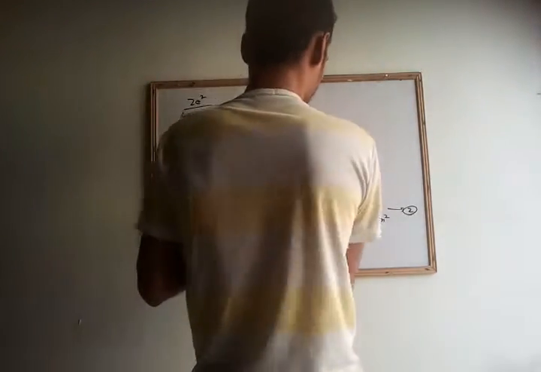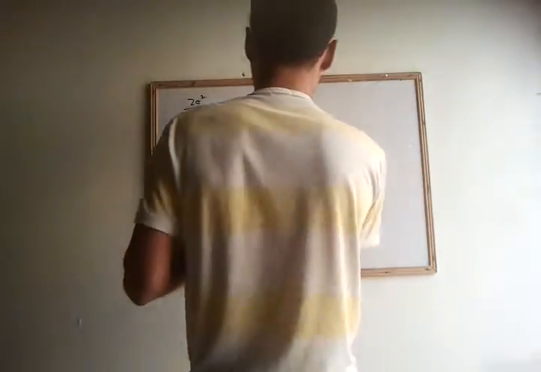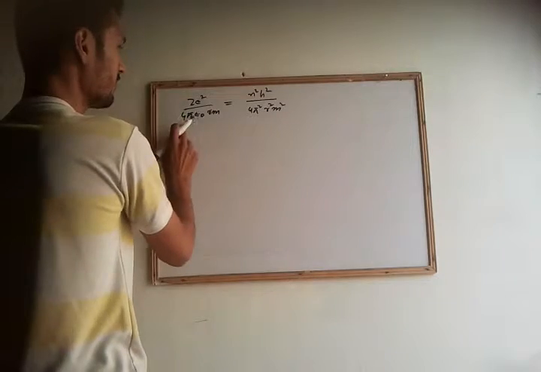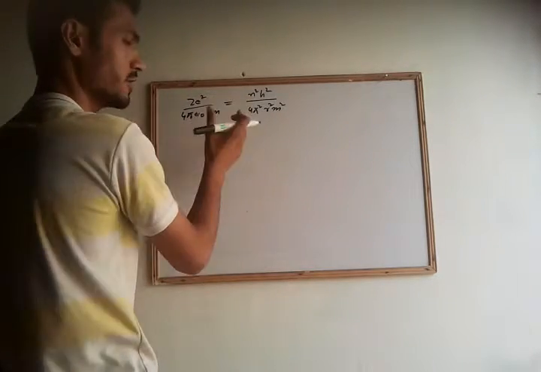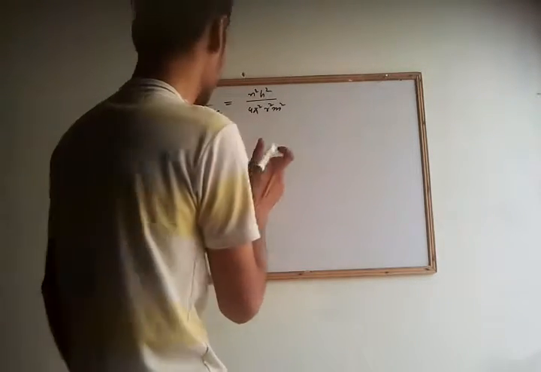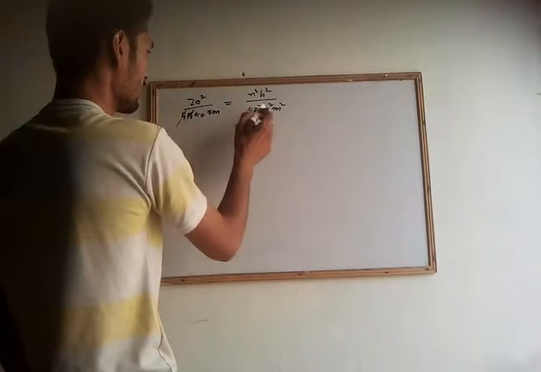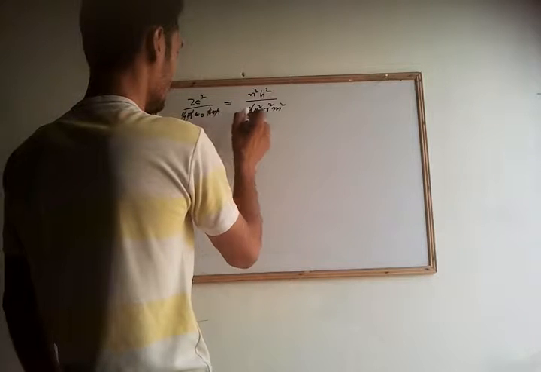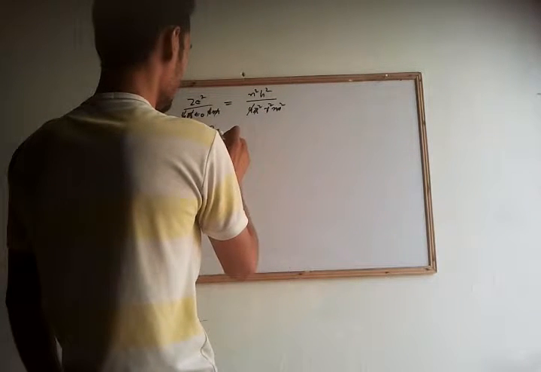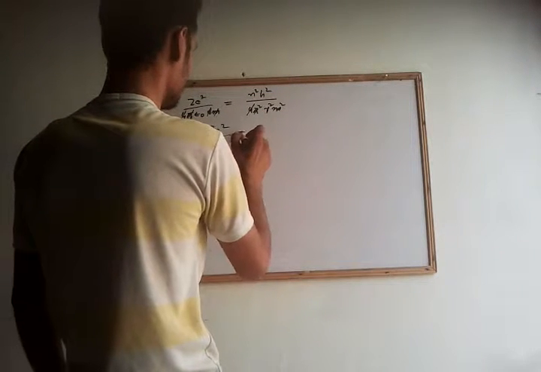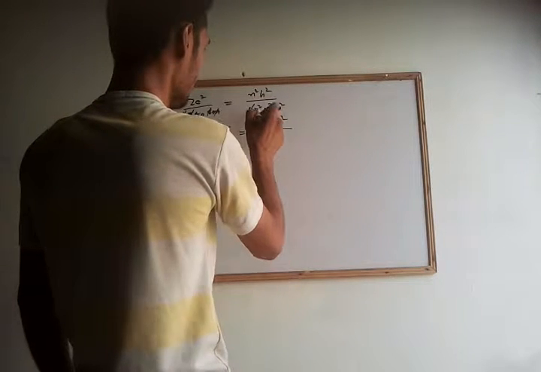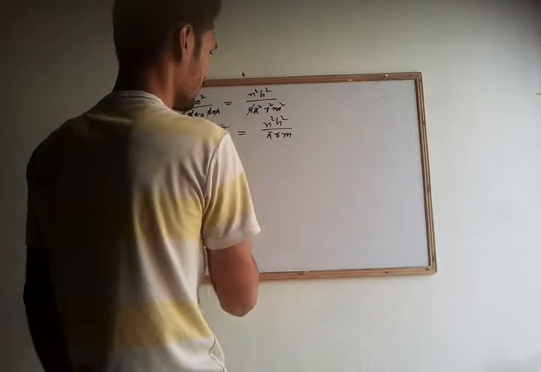Same factors are present on both sides, so they cancel out. 4 cancels out, pi cancels out, r m cancels out. Z e square over epsilon naught is equal to n square h square over pi r m.